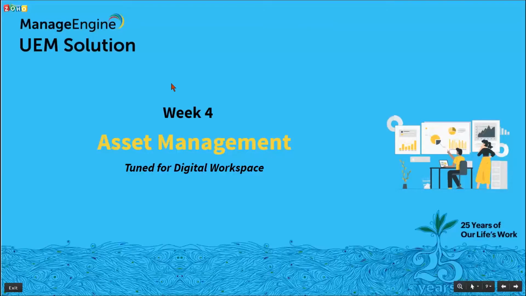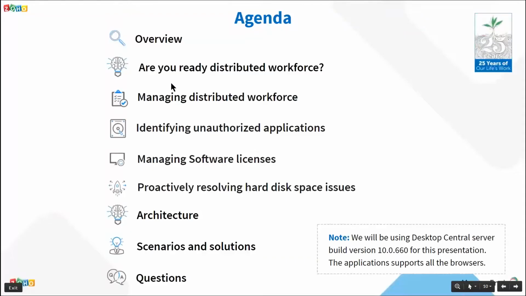All right. So today's topic is asset management. We will focus on asset management features in Desktop Central. Let me quickly talk about the agenda for today. We'll start with the overview of Desktop Central, and we'll see how it helps in managing distributed workflows.